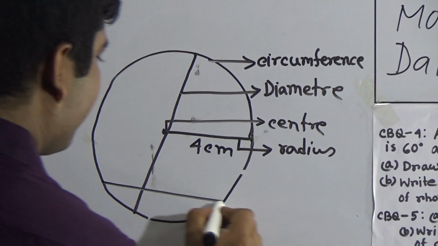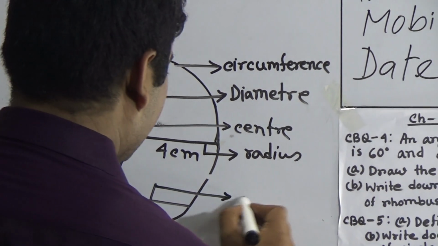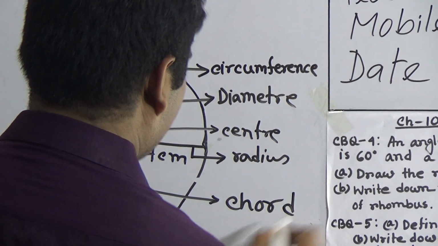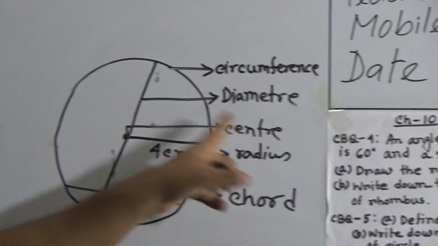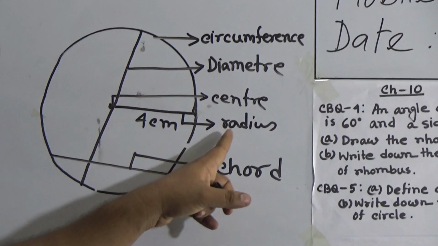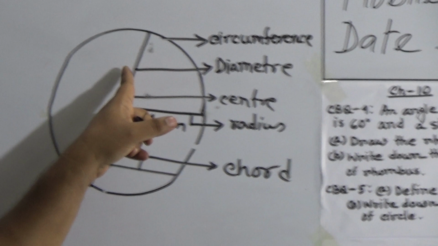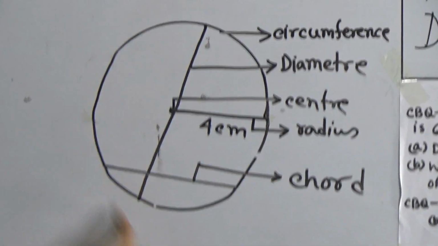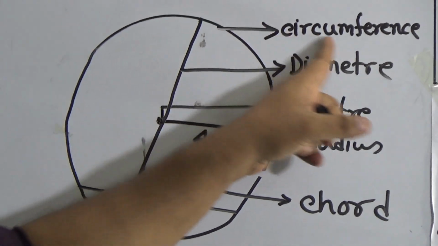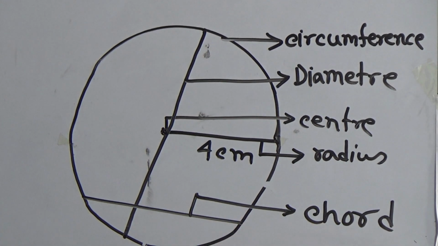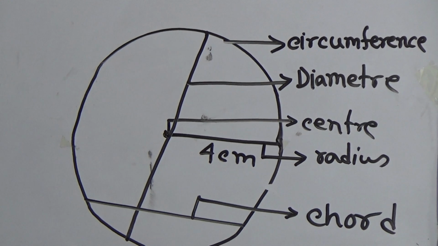This is a chord. Okay, my dear student, this is the center, this is the radius, this is the diameter, this is the circumference, this is a chord. I hope you have understood. This is question number B.